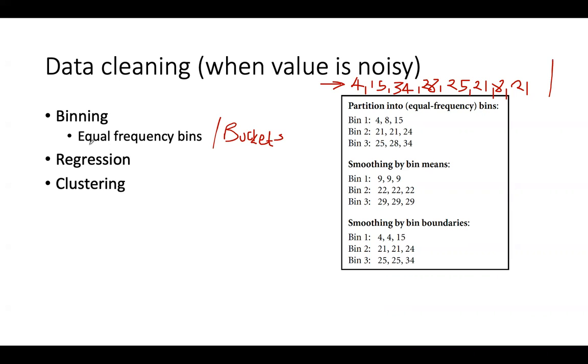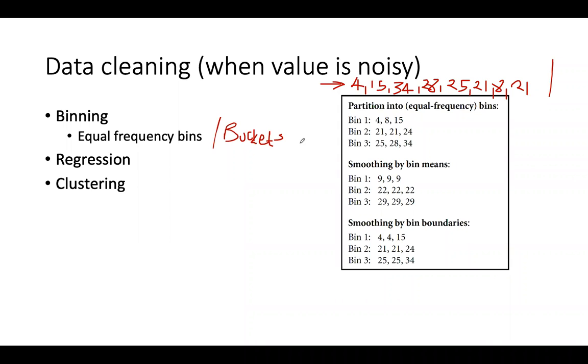Now there's something called equal frequency binning. First you sort the data into ascending order. Once you do that, you partition the data into buckets or bins. We call this local smoothing.